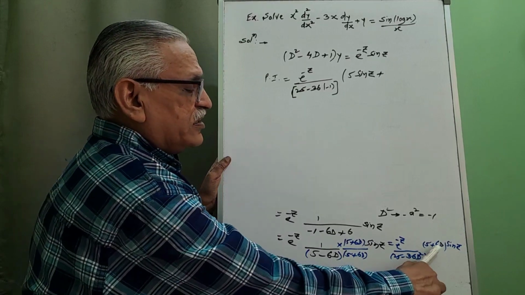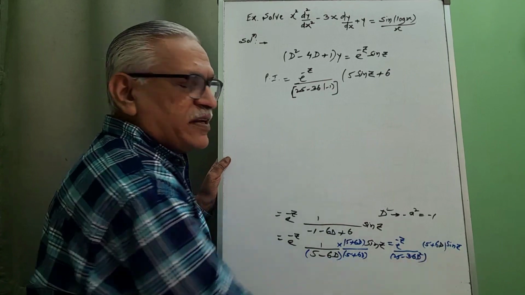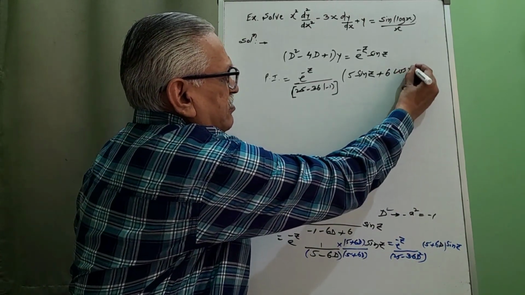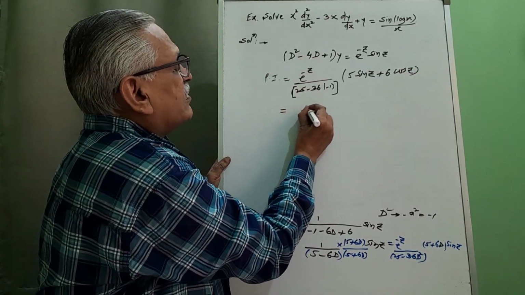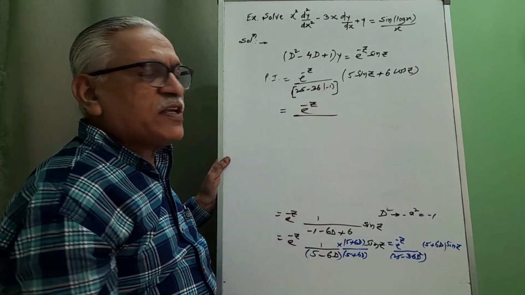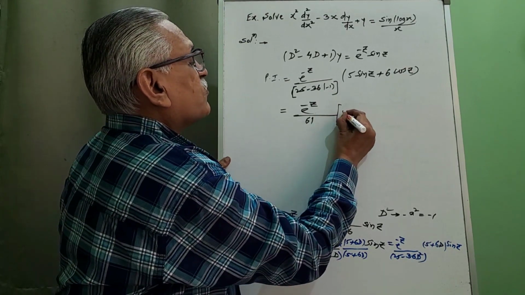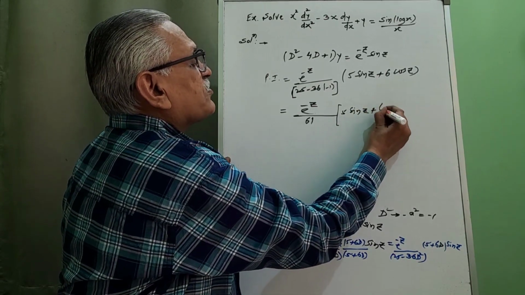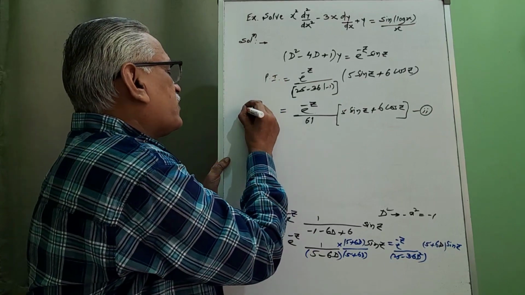Therefore, 6 times derivative of sin z with respect to z is cos z. And therefore, we get e raised to minus z, 36 plus 25, we get 61, into 5 sin z plus 6 cos z. If you have this PI correctly, you will get 2 marks.